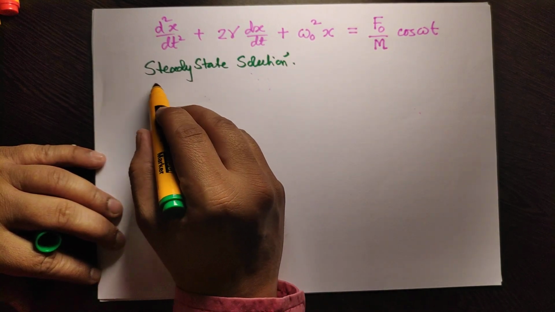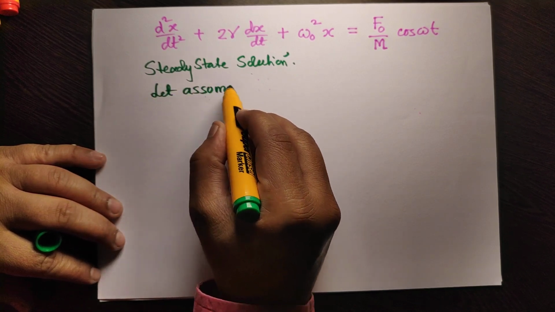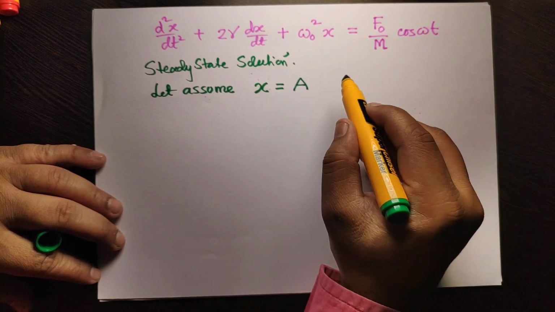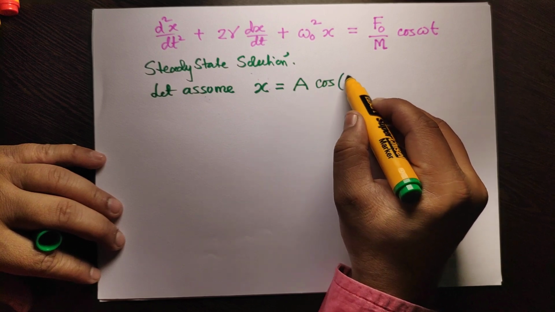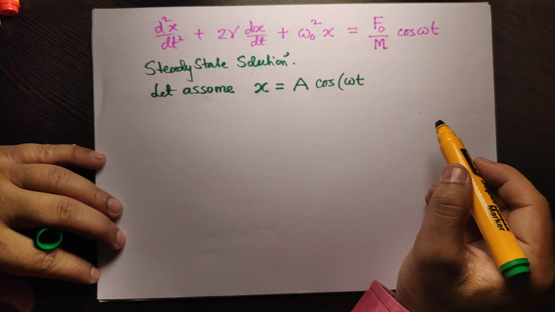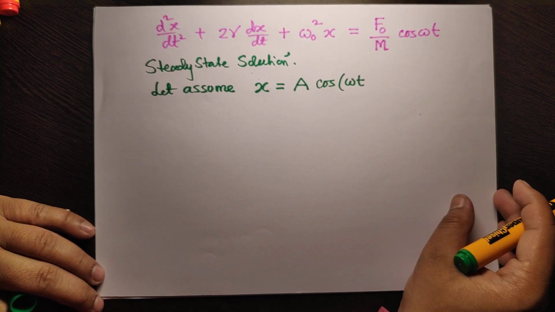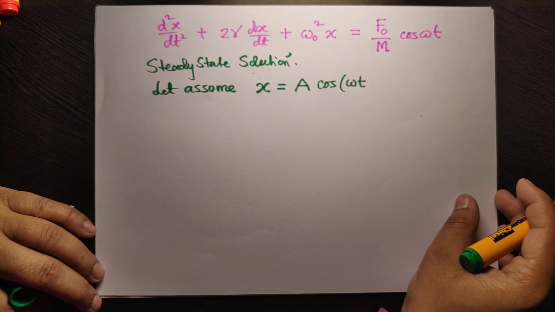Let's assume x equal to a cos omega t. Now the block will oscillate with the frequency same as that of the force, but we are not sure about the phase.